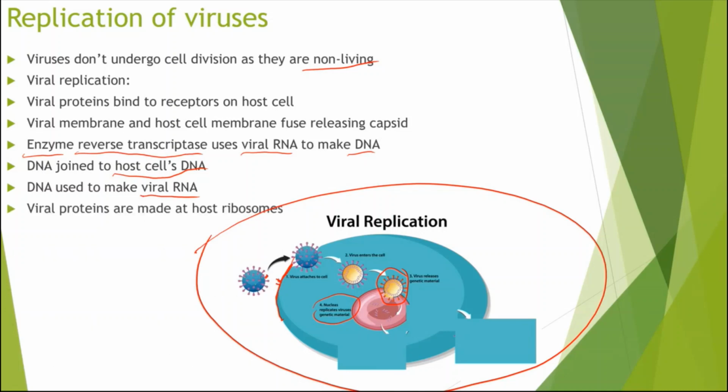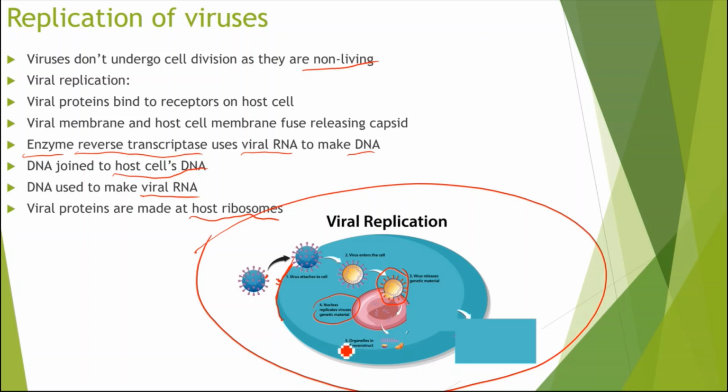Next, the viral proteins would be made at the host ribosome. Using that RNA that's been produced by the host cell, the viral proteins which it needs, for example, the proteins on its surface to bind to the cell, and other proteins would be made at the host ribosomes.